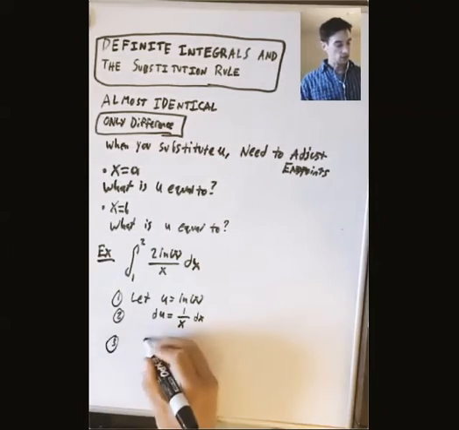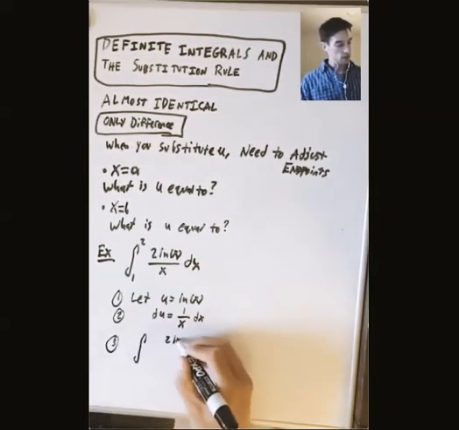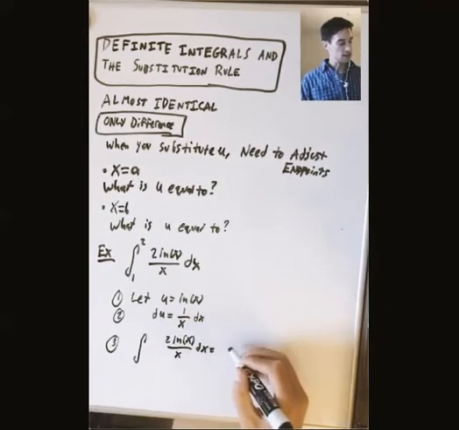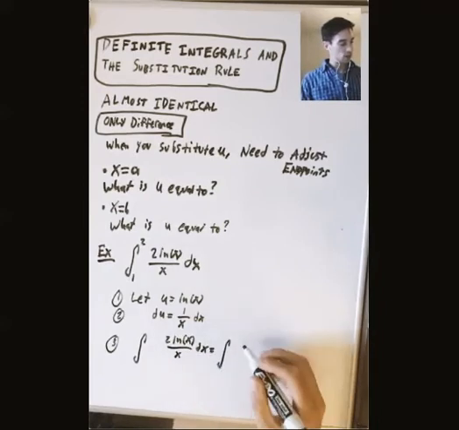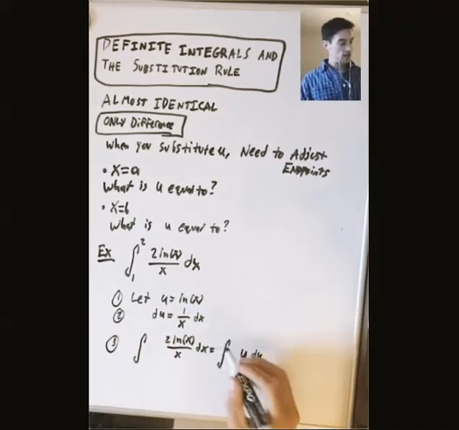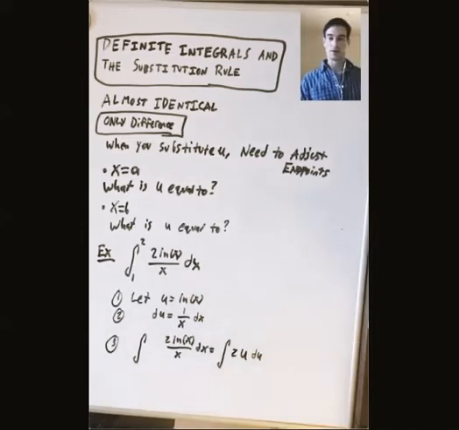So the integral that we started with, 2 natural log of x over x dx, is equal to the integral of u du, and then we have an extra 2.